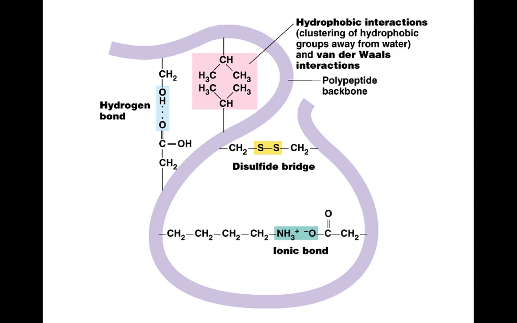So remember, hydrogen bonding in the peptide bonds is what contributes to secondary structures, and for tertiary structures, we're looking only at the interaction between R groups of different amino acid residues.